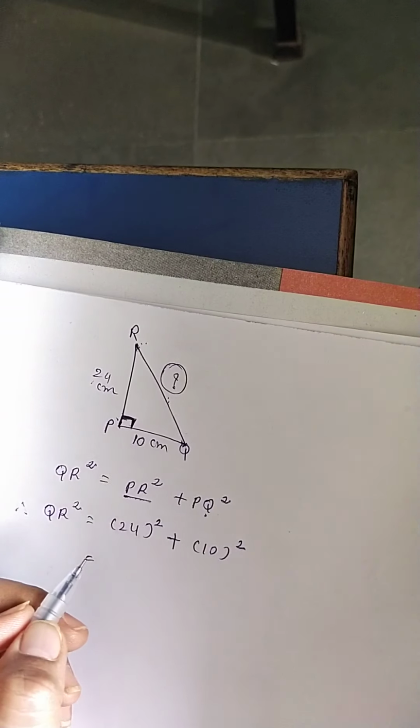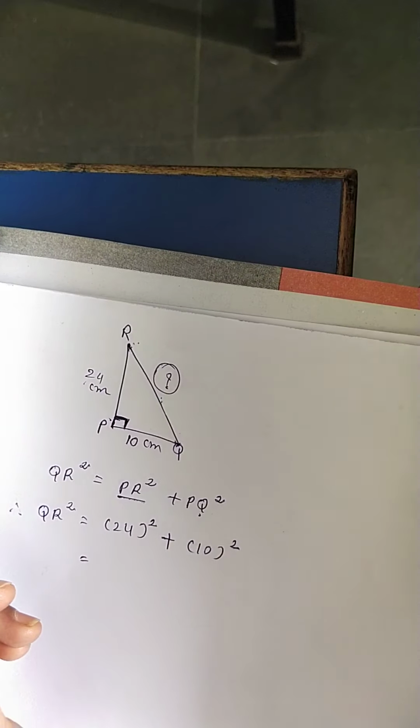24. If you are not able to find it like this, it is 576. So 24 multiplied by 24. 4 4s are 16, carrying 1. 4 2s are 8 and 1, 9.